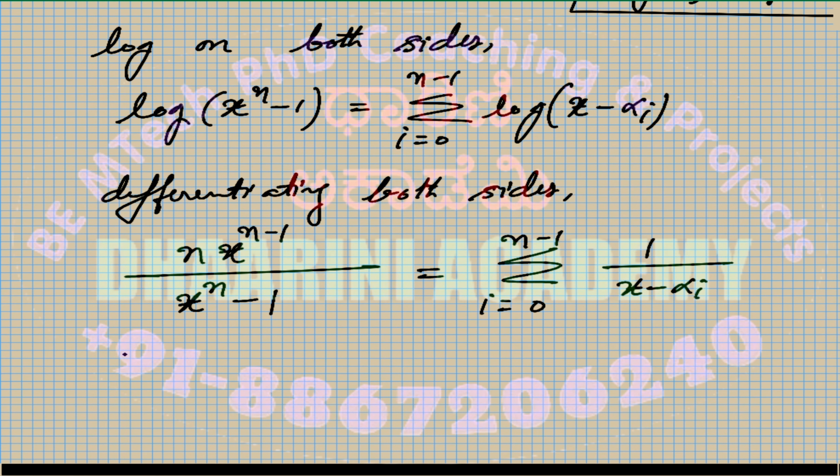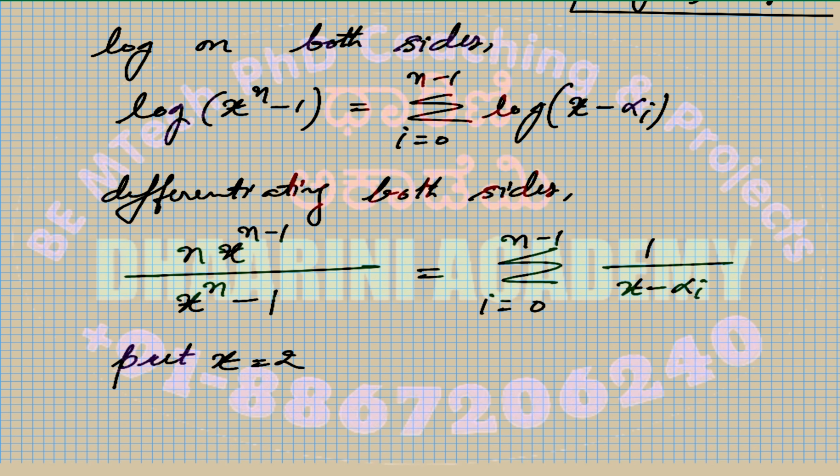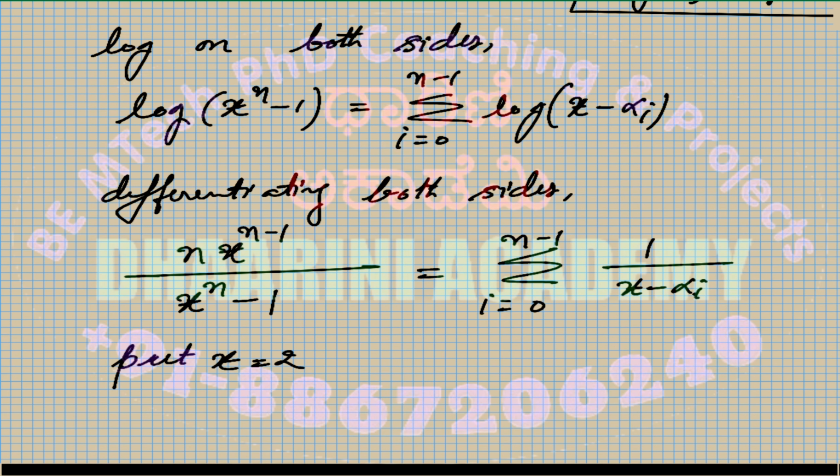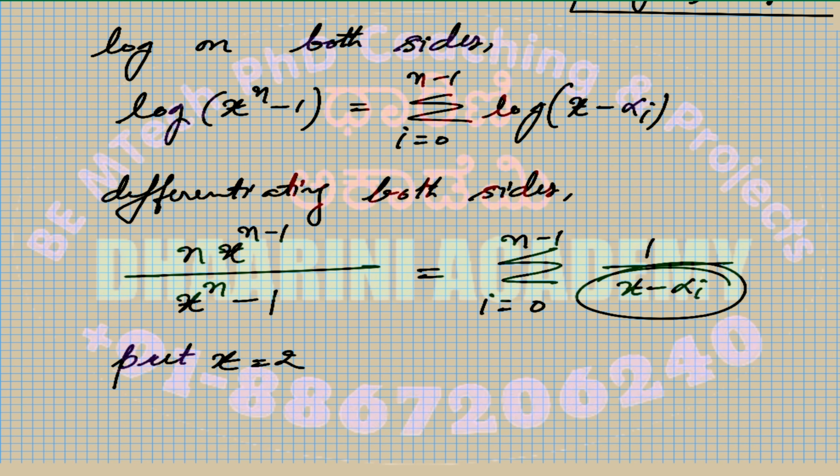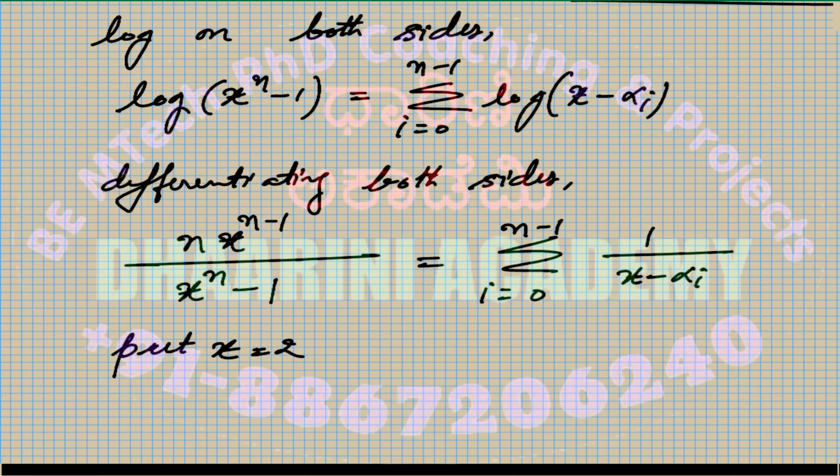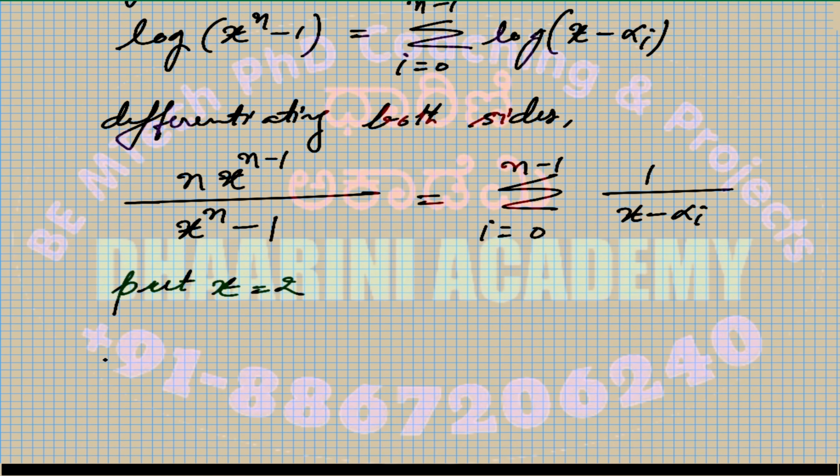Put the required x. So put x equal to 2, because in the asked question you can see it is alpha i divided by 2 minus alpha i. We get 2 minus alpha i provided we put x equal to 2. So putting x equal to 2, the left hand side has n as it is, only x becomes 2.